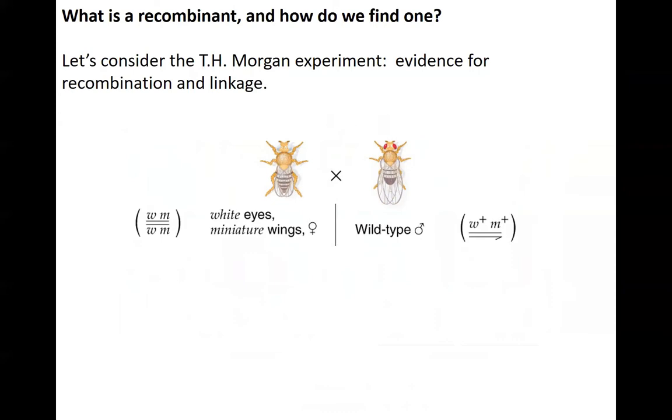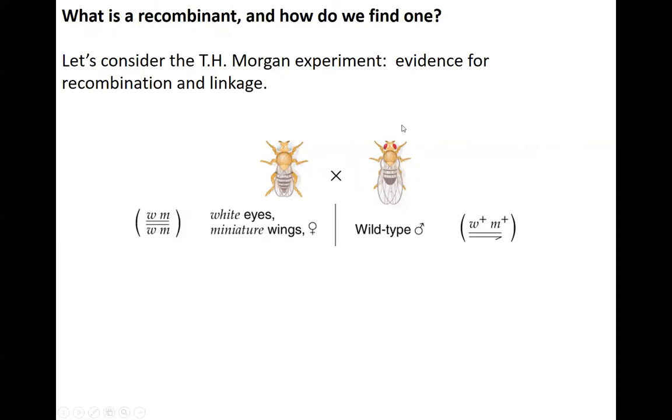A little bit of stuff to get out of the way in terms of how these will be noted here, the annotation of these genes. This is a little bit different than we may see in our textbook sometimes. Here we're going to see recessive traits noted with just lowercase letters. So here we have a recessive trait for white eyes and little tiny miniature wings. This is a lady fly, so she has two X chromosomes noted by these two bars.